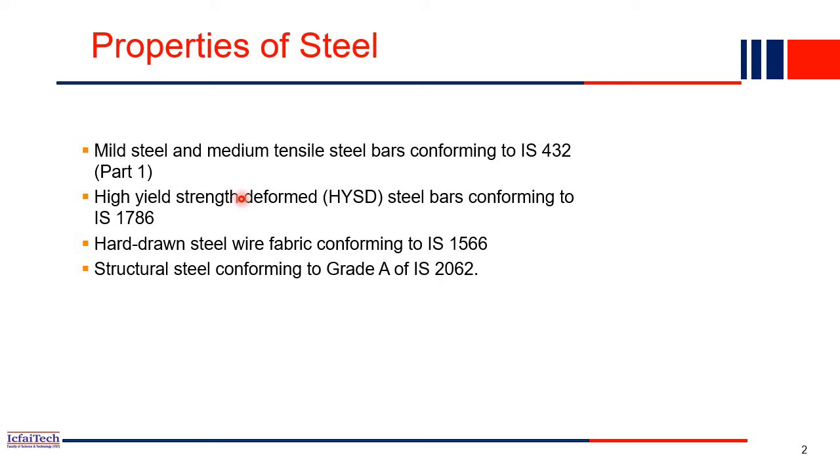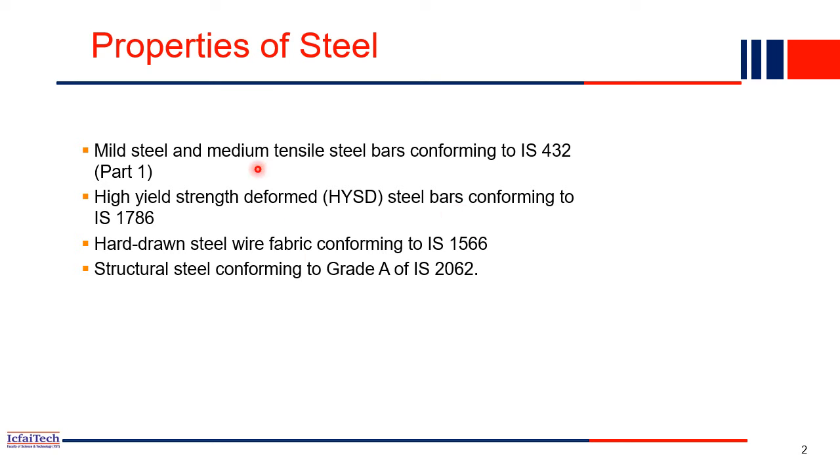In any TV ad or YouTube ad, many steel advertisements talk about HYSD bar or TMT bar. TMT bar is thermomechanically treated bar, which is stronger compared to other conventional bars. So nowadays HYSD and TMT bars are used in structures.